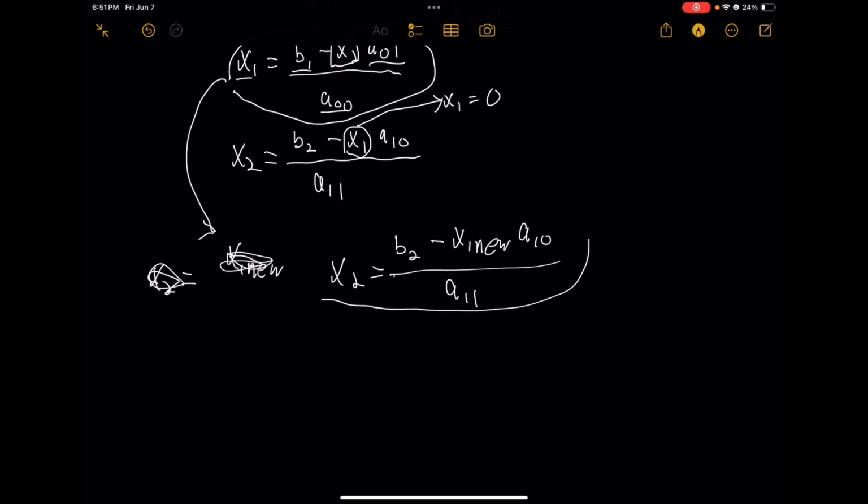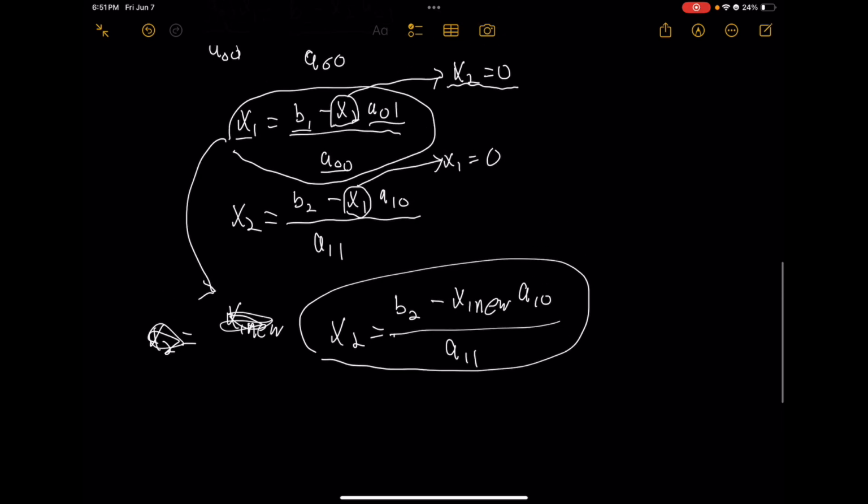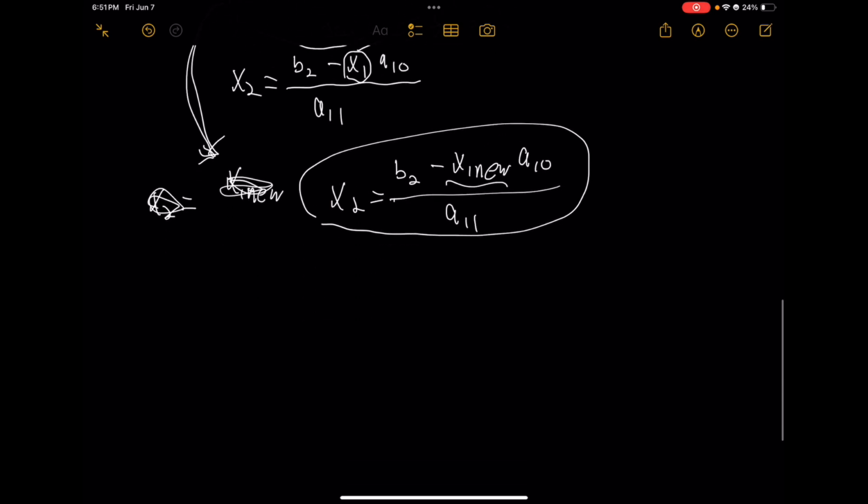This would be the next step. We would keep on iterating. We would do step 1, then iterate and get a new x1, then iterate and get a new x1 and a new x2. We would do both of these, update the new values, and continue from there.